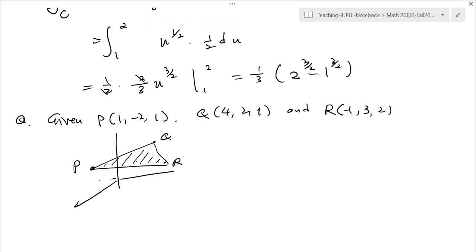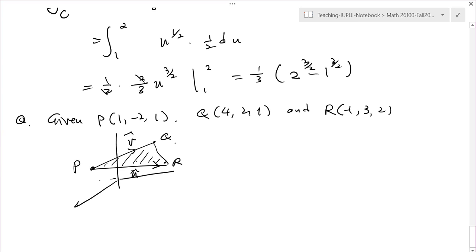And how do you find the area of the surface? Now, without using calculus, you still can do that. The idea is as follows. If this is a vector u, and that is a vector v.